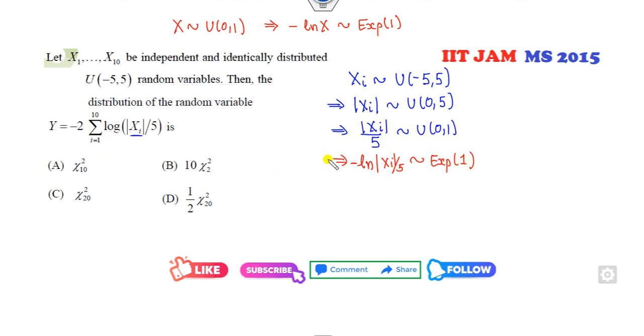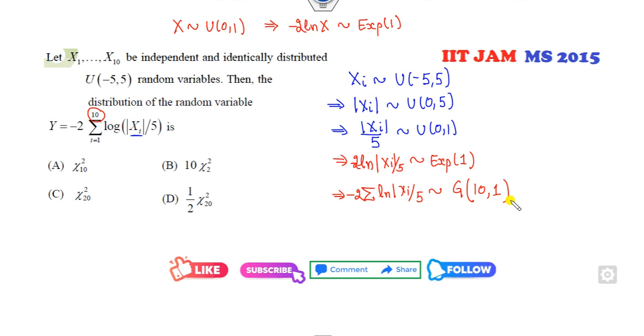Now you can put minus of 2 times. Fine. Now if I take the summation of this, minus of 2 outside, summation of xi by 5, so summation will follow the gamma distribution with the parameter 10, 1. Fine.